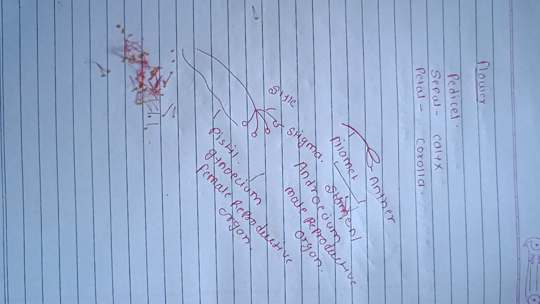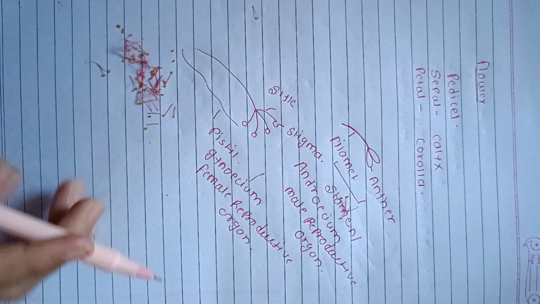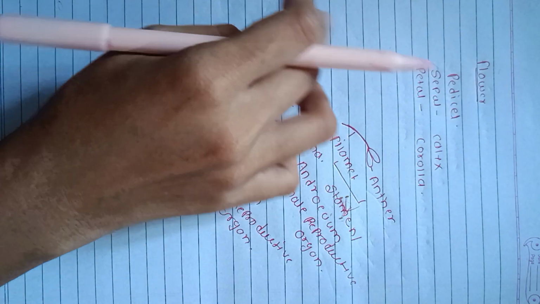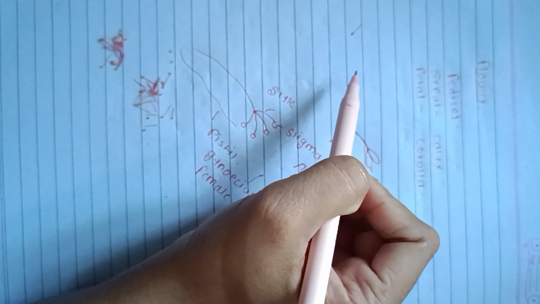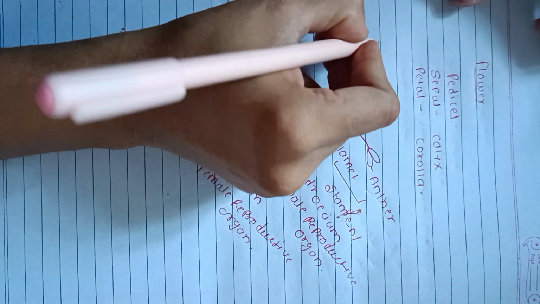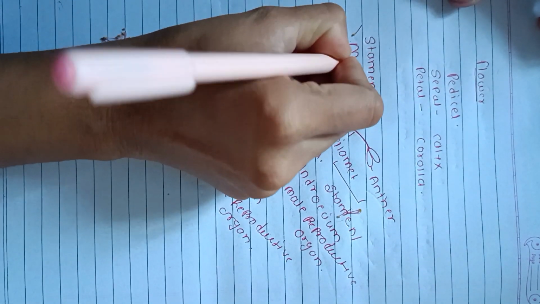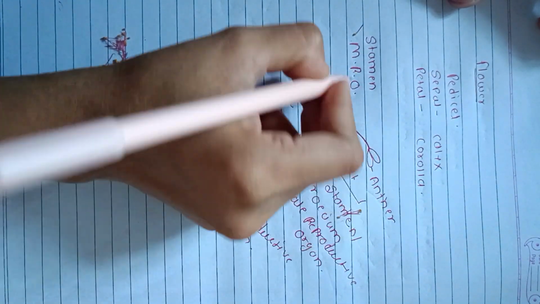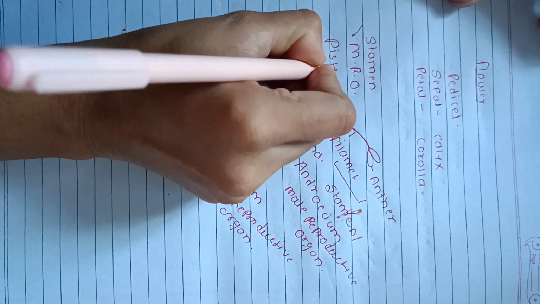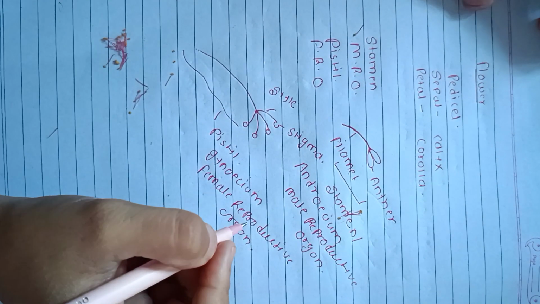So what is pollination? For example, here you can see the stamen. The stamen is the male reproductive organ, and the pistil is the female reproductive organ.